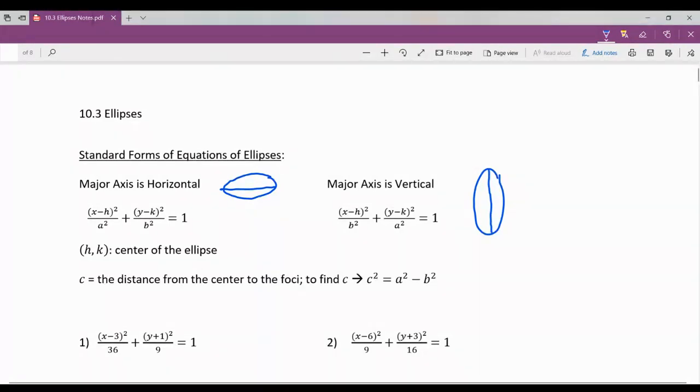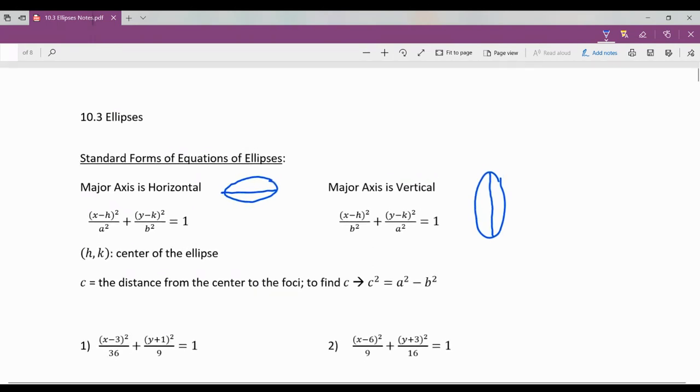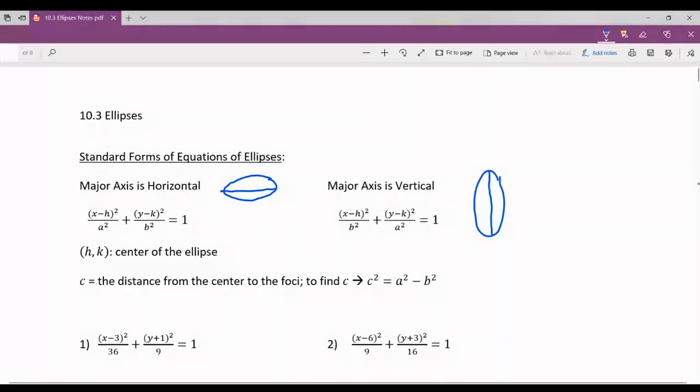Okay, so the equations of the ellipse are given. They're both going to equal 1. And depending on whether the major axis is horizontal or vertical, the A is going to be under the X if it's horizontal, versus the A is going to be under the Y if it's vertical, and A is going to be the bigger number.